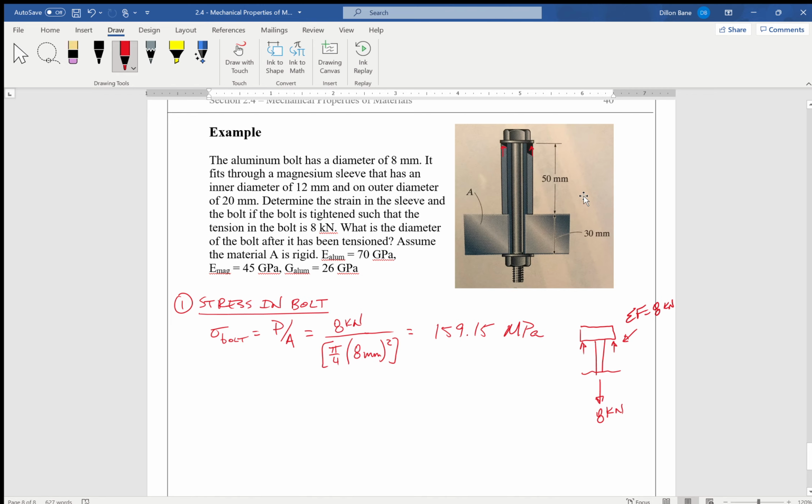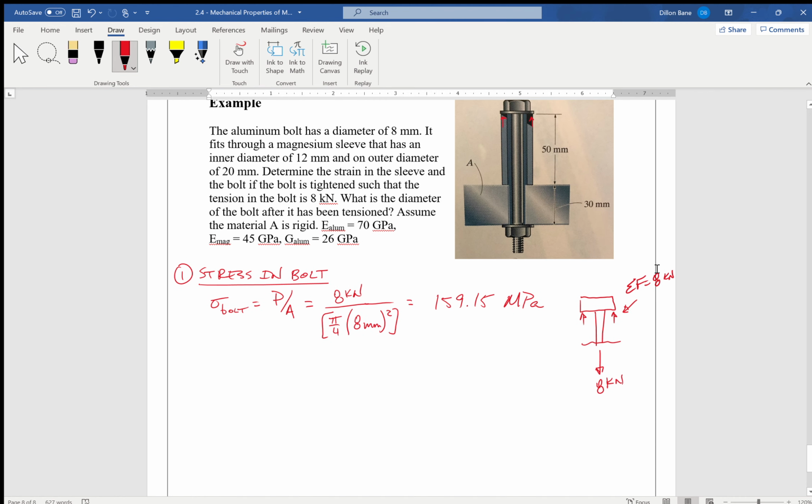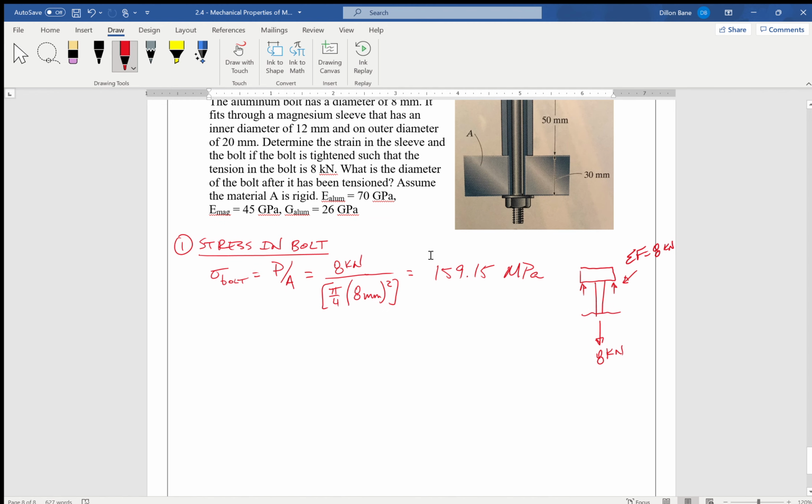Which is a pipe shape. It's not a solid rod, it is hollow. So if we've still got 8 kilonewtons, and at this point the sleeve becomes in compression, so we've got 8 kilonewtons of compression in the sleeve acting on the cross-sectional area of the sleeve. So then we can say that step 2, we can find the stress in the sleeve.